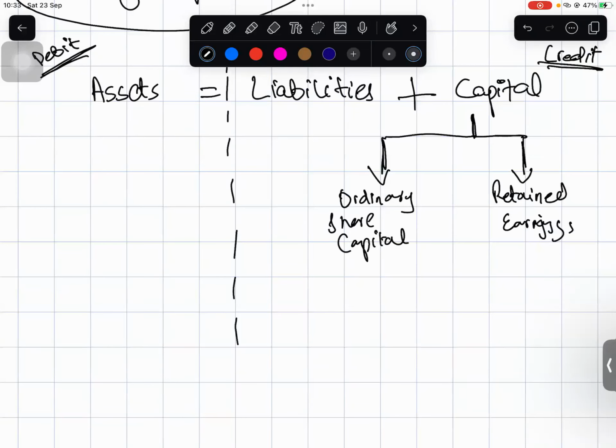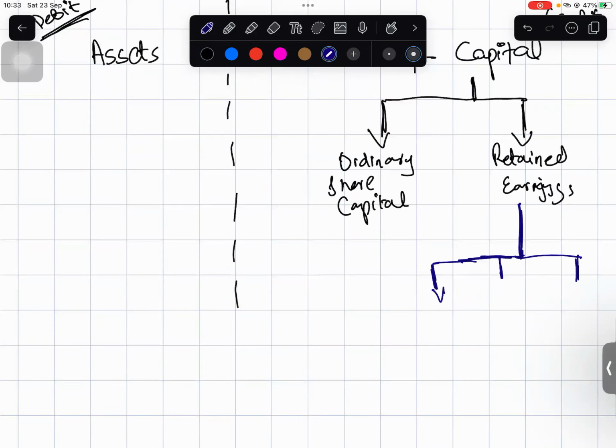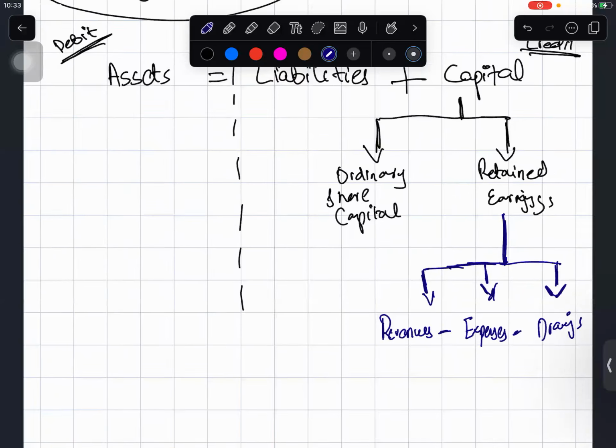And underneath these retained earnings, we have three things. How do we get retained earnings actually? We take our revenues, we subtract our expenses from those revenues, and then we subtract our drawings from those revenues.